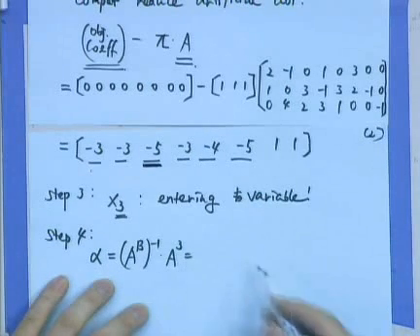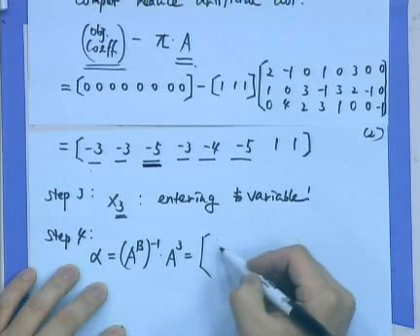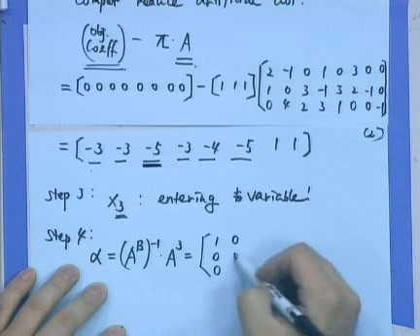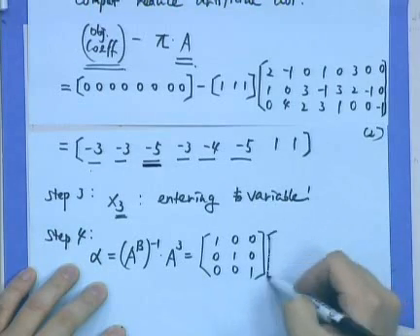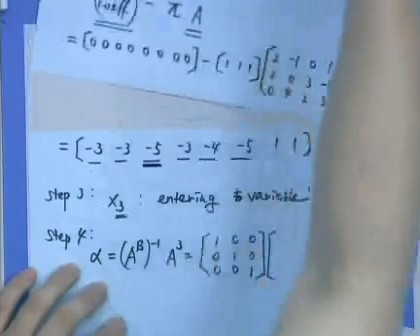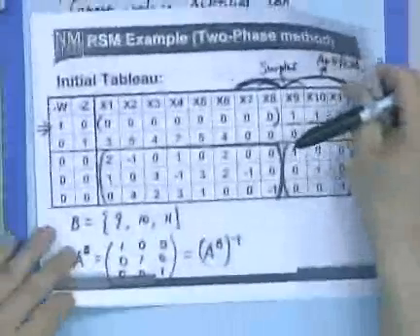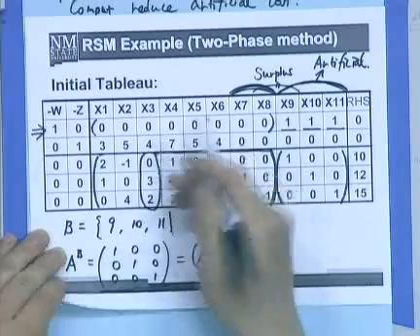Right? The basis inverse matrix is currently the 3 by 3 identity matrix. What about this A3? That is 0, 3, 2, right?